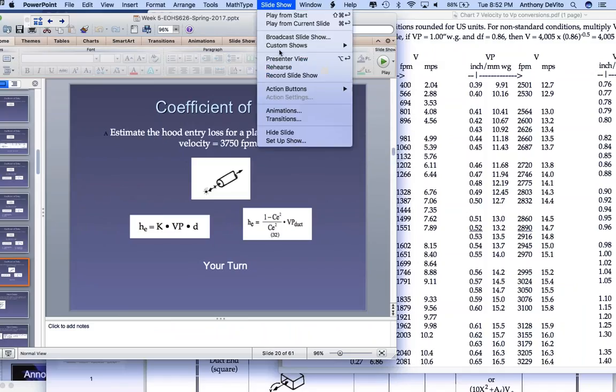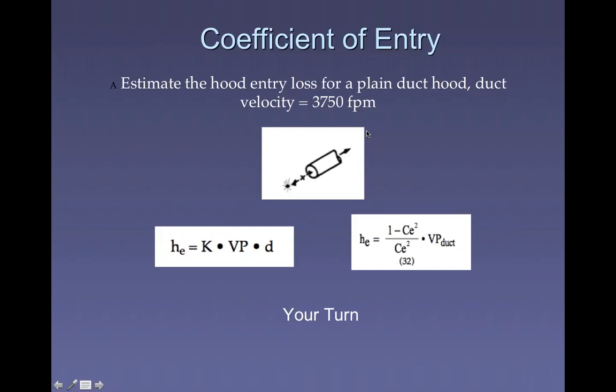I thought you guys were supposed to be doing this. 0.88, pretty close. Okay, you're getting ahead of us here. So 0.93 times the velocity pressure, 0.88, what is that? 0.818. We add that to the velocity pressure: 0.88 plus 0.81 gives you your negative static head pressure.